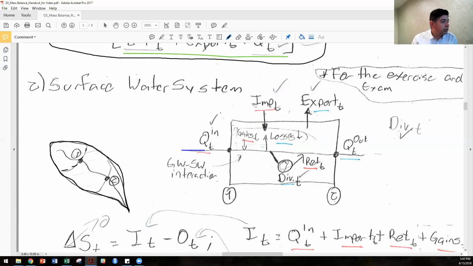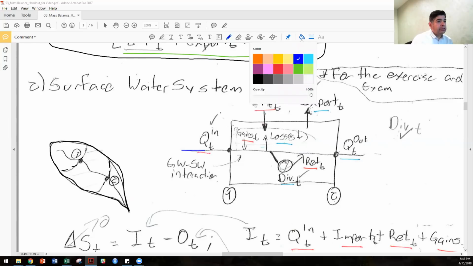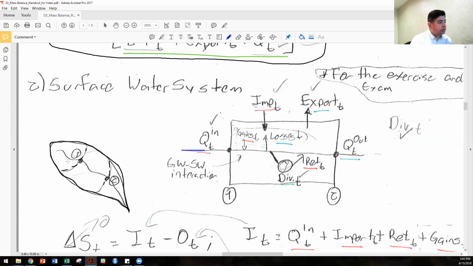What about when we're moving downstream, in between two points where we already know some of the stream flow? That's what I try to explain to you here. When you have two gauge stations, how can you do the mass balance between two stream flow gauges?